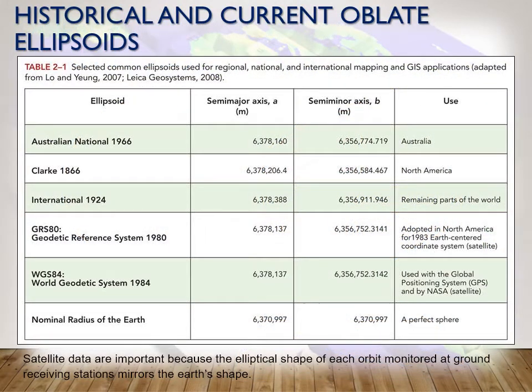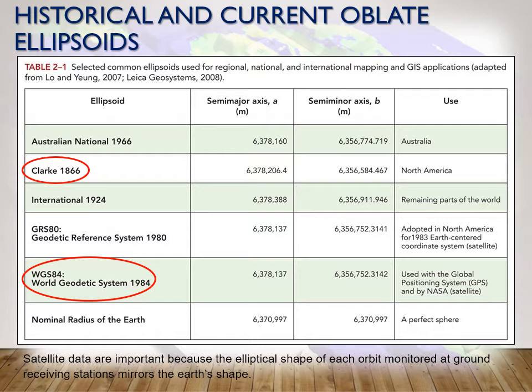Now, there are a lot of different ellipsoids out there that we can use in our datums. The ones that we mostly use would be Clarke 1866, and that's the older version. Back in 1984, the World Geodetic System came into play by using Global Positioning Systems, GPS, and it has a better idea of the size and shape of the Earth, which is the building blocks of our coordinate systems.